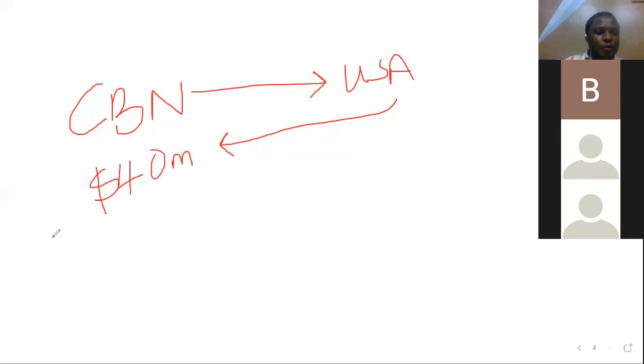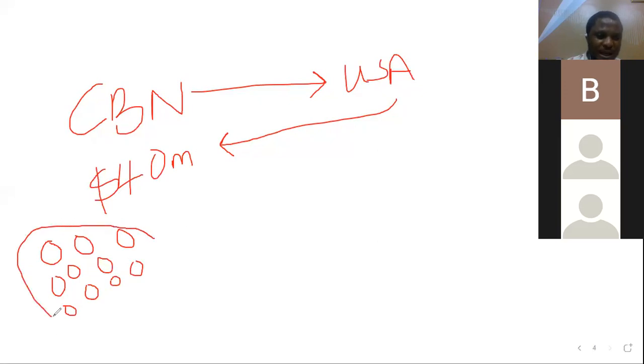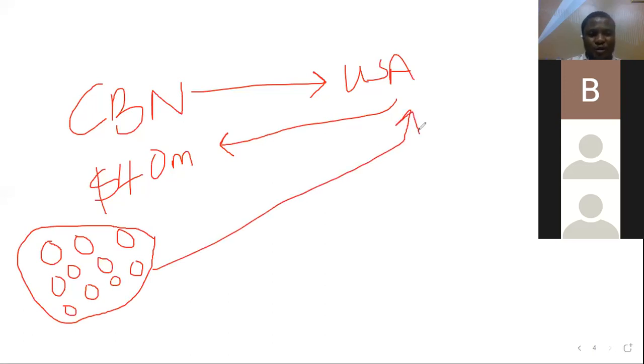Then we have businessmen in Nigeria, Cubana, Otedola, all of them, importers and exporters. All of them want to import goods. They are going to USA to buy those goods. When I say USA, I mean every other part of the world, China and all of that.